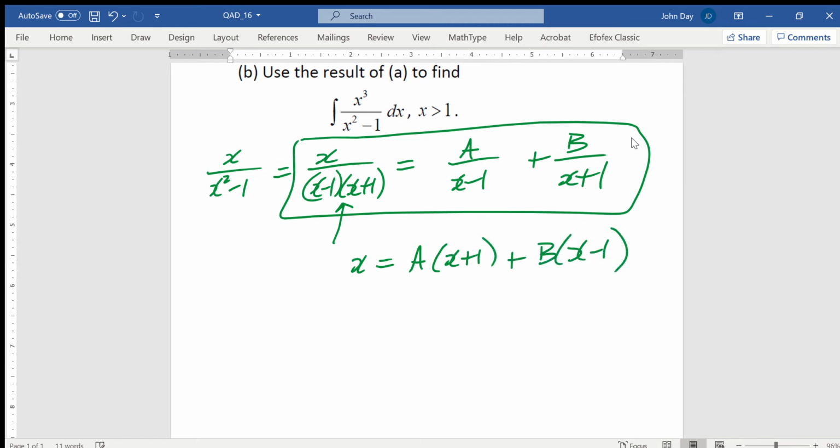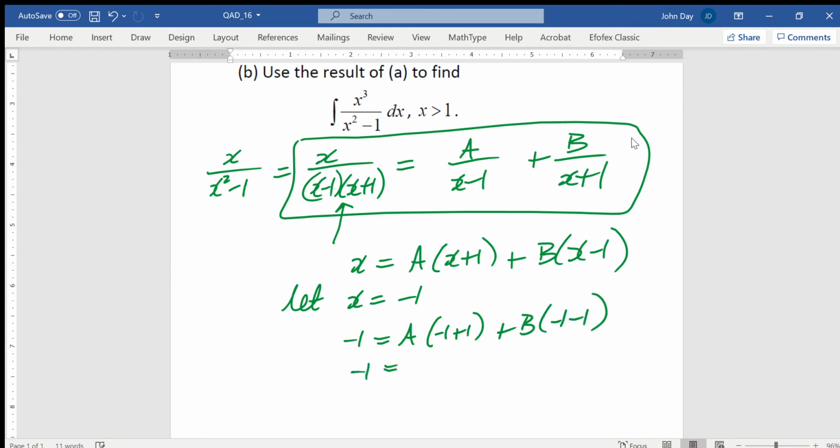And then I can do some simple substitutions, like let x equals minus 1, and we get minus 1 equals a times (minus 1 plus 1) plus b times (minus 1 minus 1). So minus 1 equals, now minus 1 plus 1 is 0, so that's just 0, minus 2b. So b equals a half.